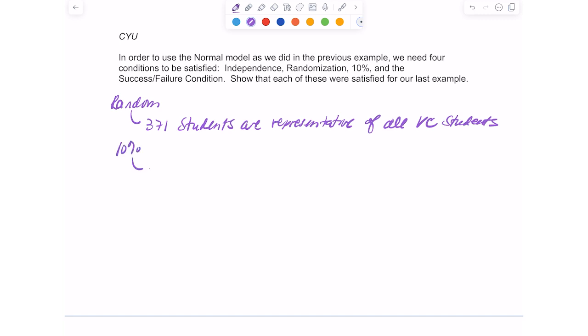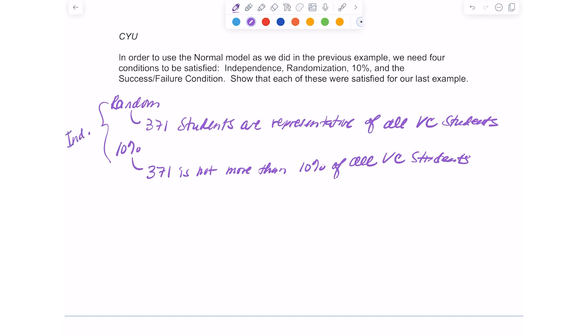So 371 is not more than 10% of all Valencia College students. Those two conditions take care of the independence assumption. So that tells us that each subject or each person in the sample is independent.